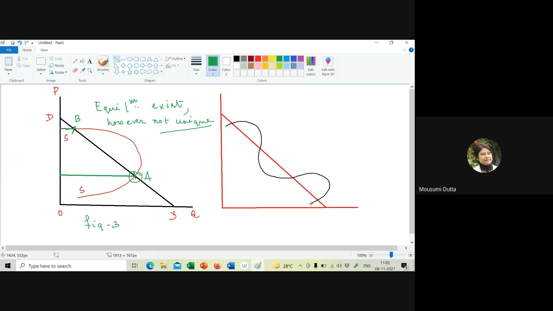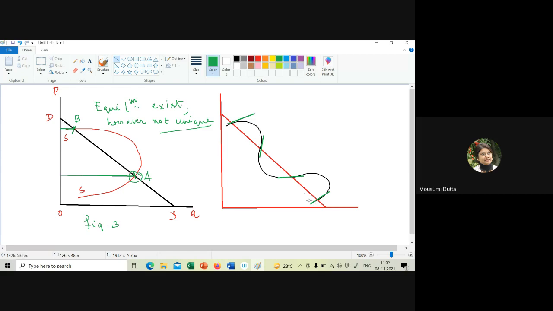If I look at this part, what we are finding, the supply curve is positively sloped. Whereas in this part, we are getting the curve is negatively sloped. In this part, sorry, positive slope. And in this case, the slope is like this.